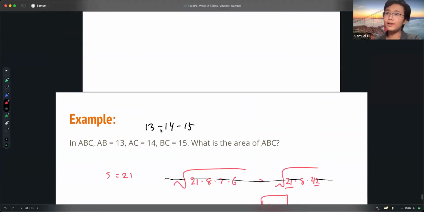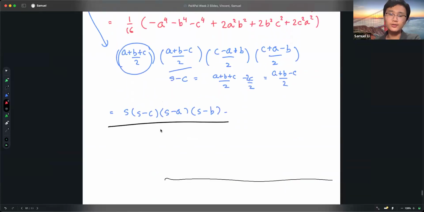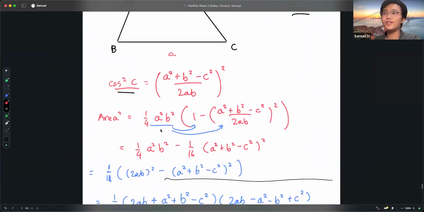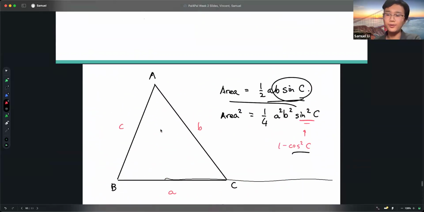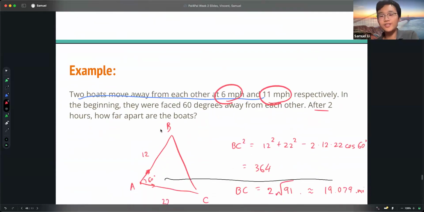So yeah, that's about it for trigonometry in geometry, and that also concludes me and Vincent's 2 weeks of teaching trigonometry in both algebra and geometry. First, are there any questions you would like me or Vincent to answer? Is there anything you would like us to go over and review?